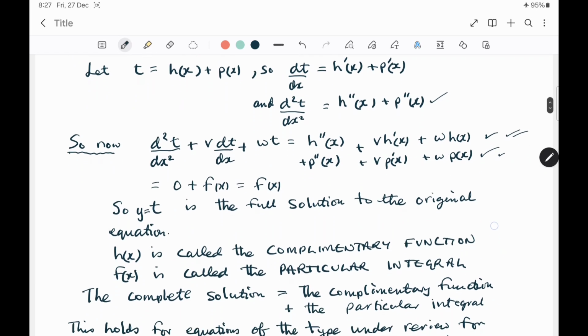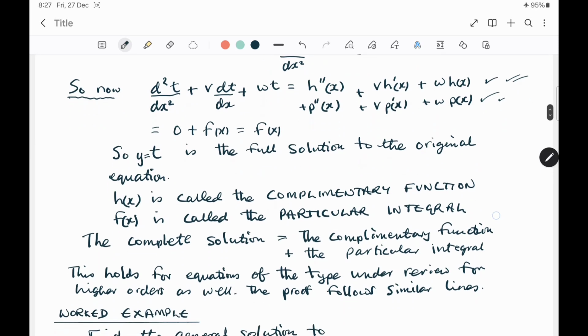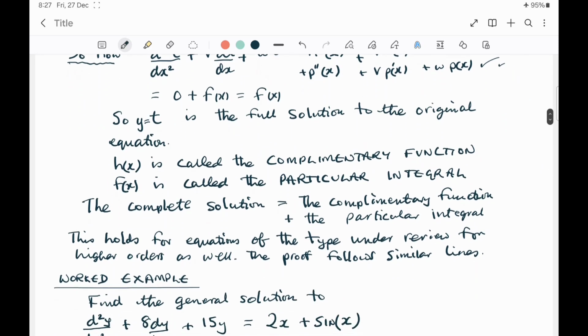And as we've just seen, the complete solution of the differential equation is found by adding the complementary function and the particular integral. Now, this holds for equations of the type under review for higher orders as well, and the proof is pretty well exactly the same, just a little longer.